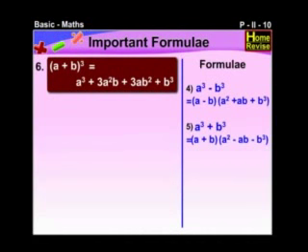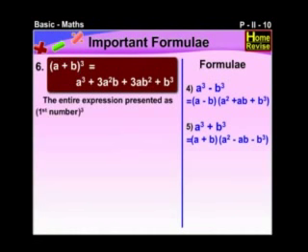(A plus b) whole cube, that is cube of a plus b, is equal to a cube plus 3a square b plus 3ab square plus cube of b. The entire expression presented as, now see, the first number is a and the second number is b.